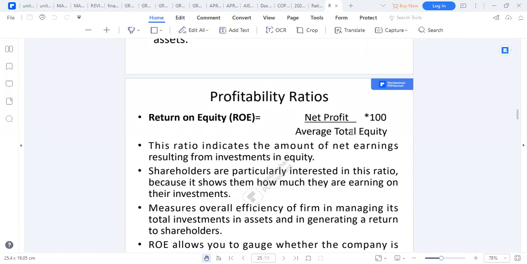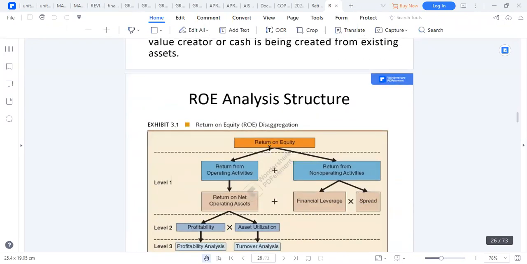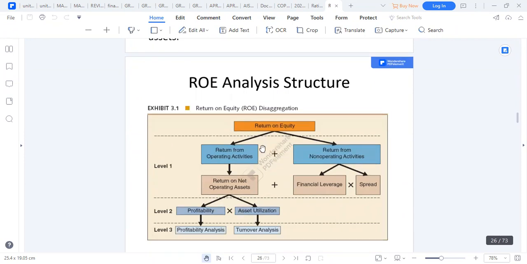Now this is interesting because this ratio not only falls under the profitability ratios, it also falls under the investor ratios, because it shows the net earnings that the investors are getting from the investment in terms of equity. So the shareholders are interested in this ratio very much because it actually shows how viable the investment has been. So this is how the return on equity structure looks like.